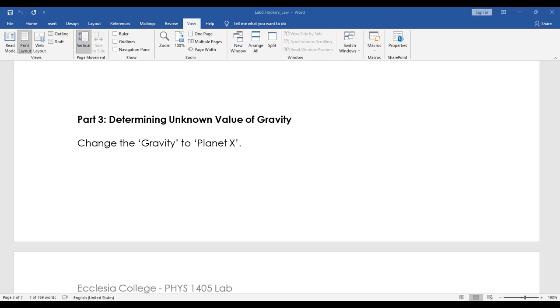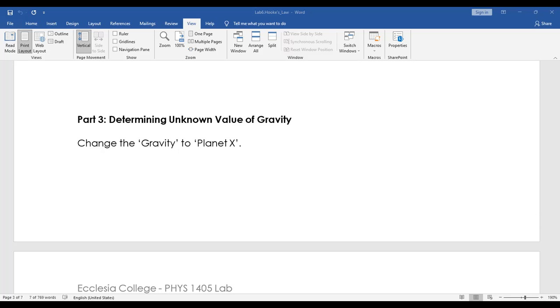So 1.112 Newton divided by 0.1 kilogram gives 14.112 meter per second squared. I think this planet is bigger than the Earth. So our g of planet X is equal to 14.112 meter per second squared.